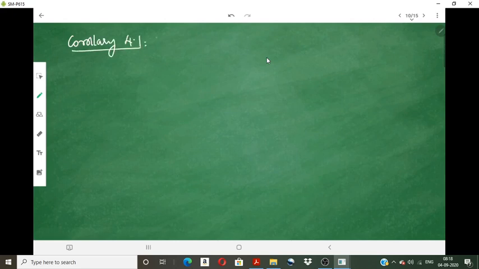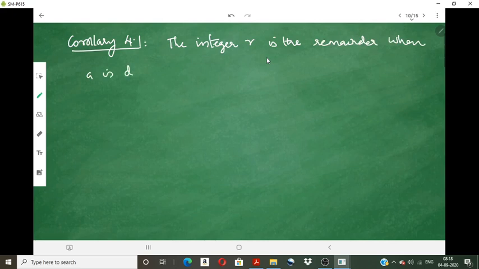corollary of theorem 4.3. The integer r is the remainder when a is divided by m if and only if a is congruent to r modulo m.